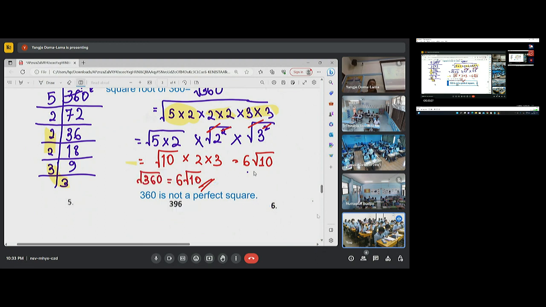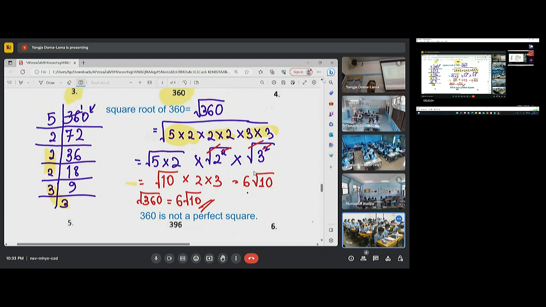You found that 360 is not a perfect square. Understand?